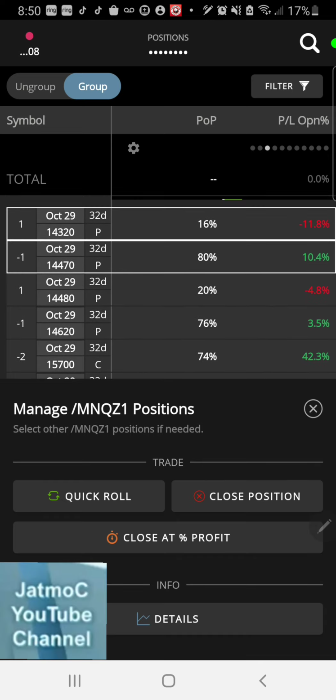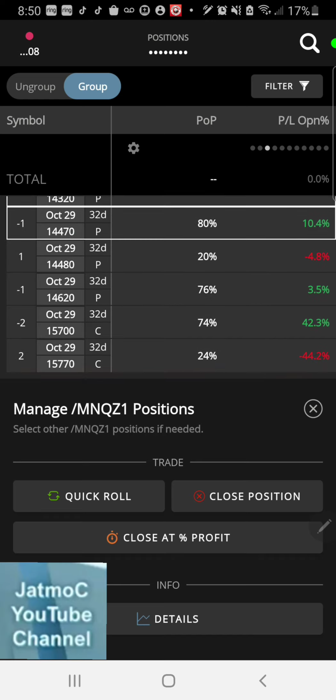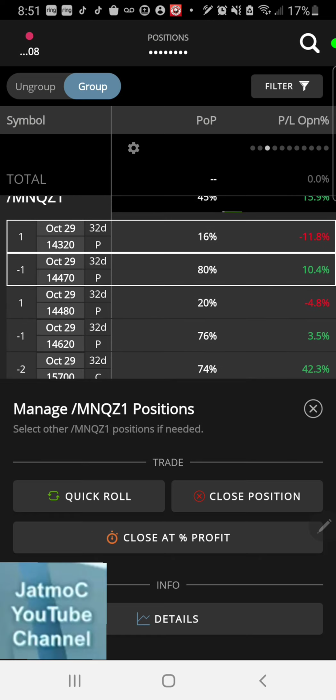It's still a sell to open trade that benefits when volatility goes down. People don't realize that depending on which symbol you're in, the more volatility you have, the more of a two-sided market you may have.